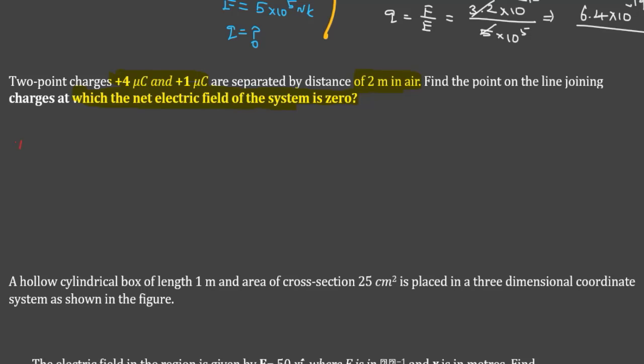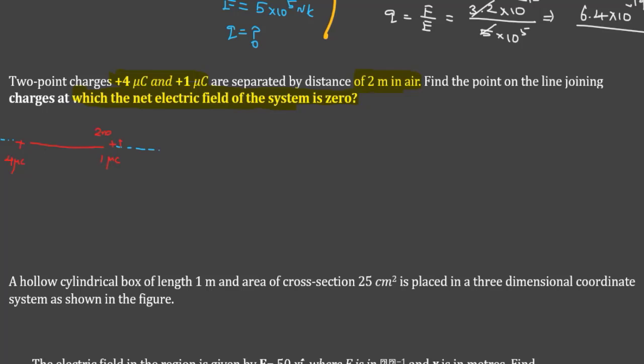So first one they gave 4 microcoulomb, second one 1 microcoulomb, both are positive. The distance between them is 2 meter. So we are going to take that line joining only. So in this type of numerical we can solve three cases.